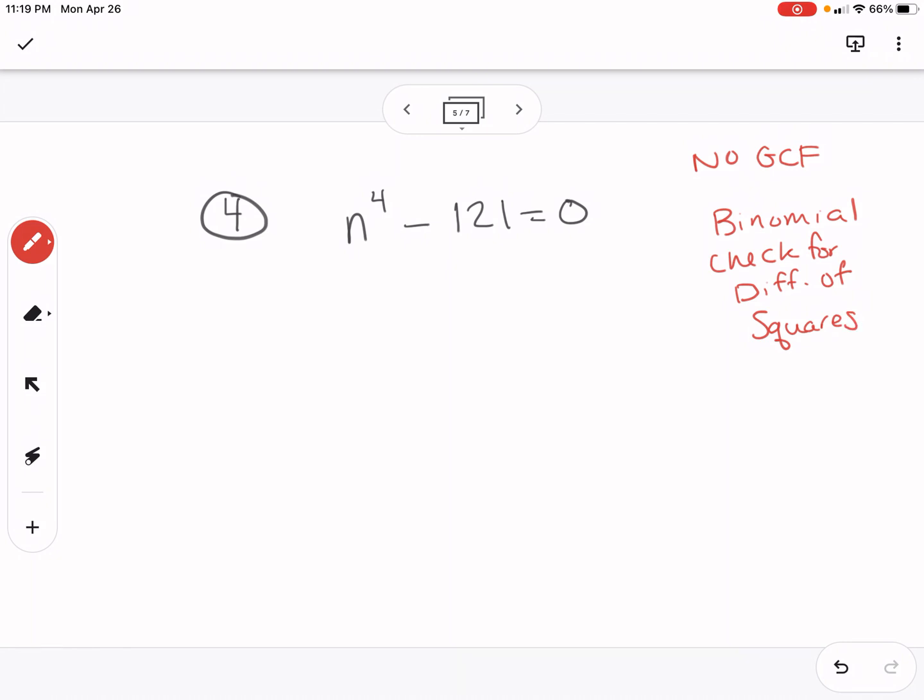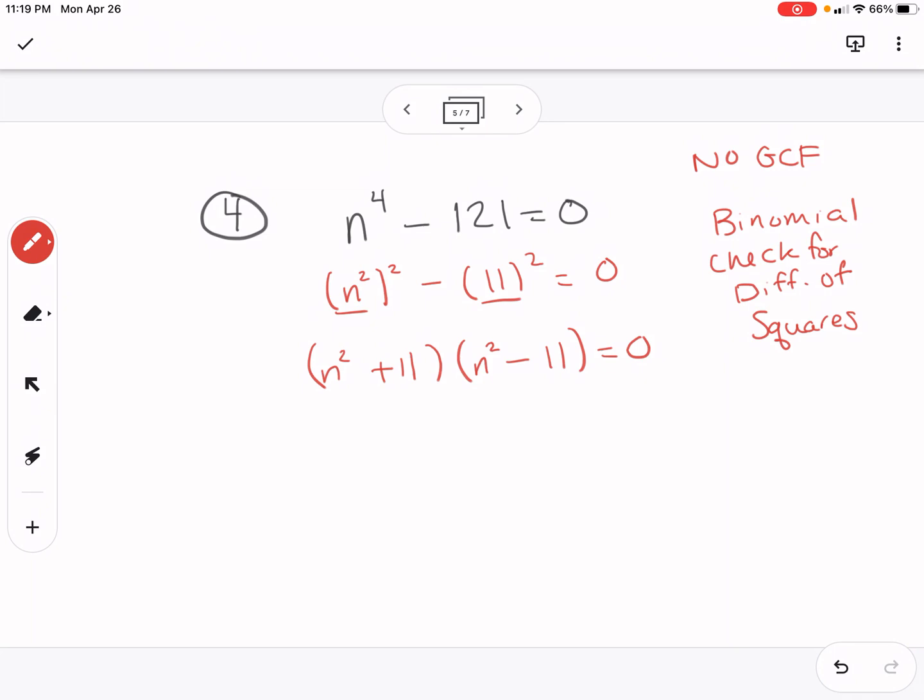So here, I notice that n to the fourth is actually n squared squared, and 121 is 11 squared. So this is a difference of squares. So when I set up my two parentheses now, I'm going to put n squared and 11 in both of them. And one will be plus and one will be minus.